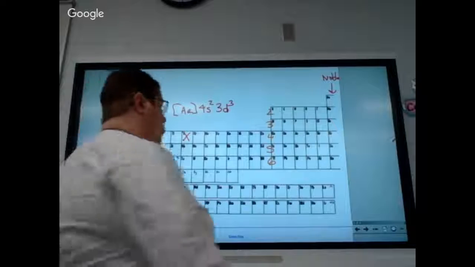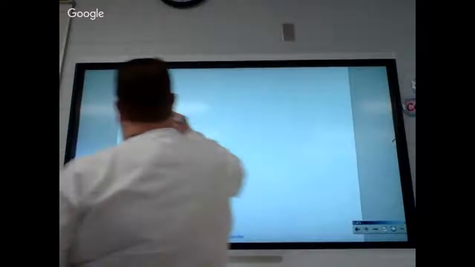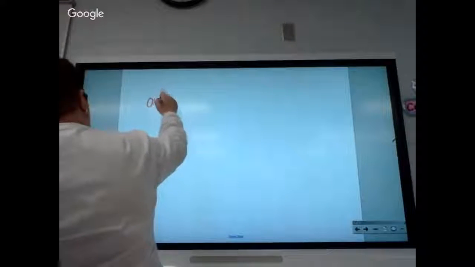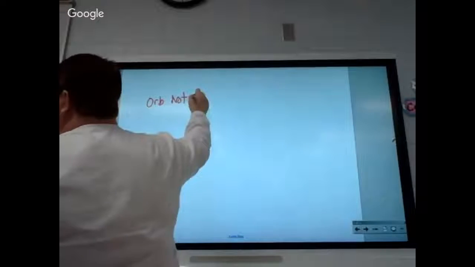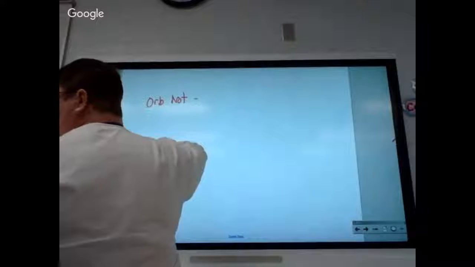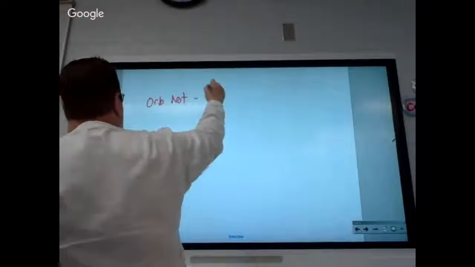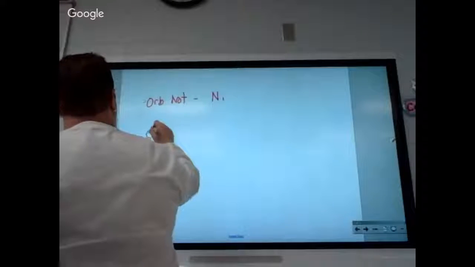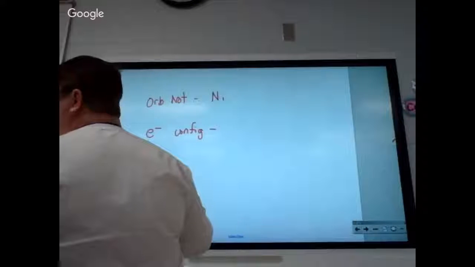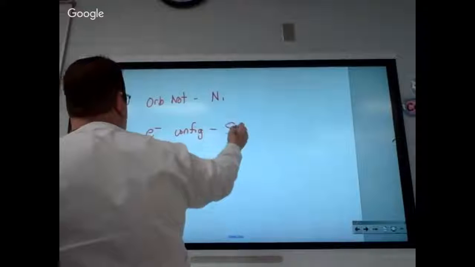Okay. Homework. All right, orbital notation. Let's draw, I don't know, let's do nickel. Electron configuration. Let's draw scandium.